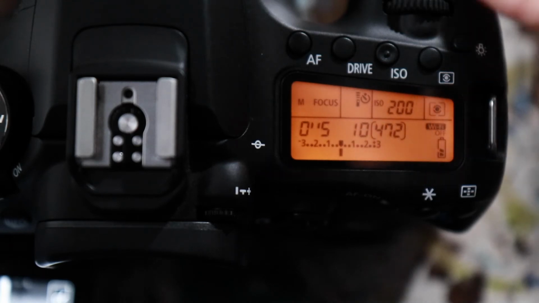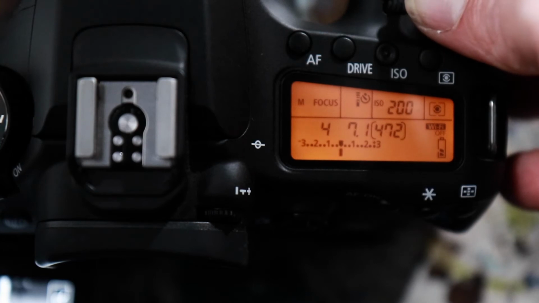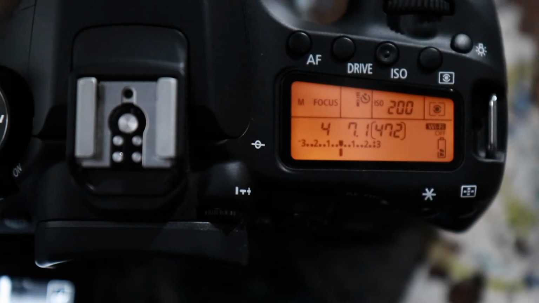So I will click over 3 more steps in the direction, 1, 2, 3, and now I have the number 4. With my camera, now I am in fractions of a second. It's a little quirky, but it's something I got used to. So 4 represents a quarter of a second.